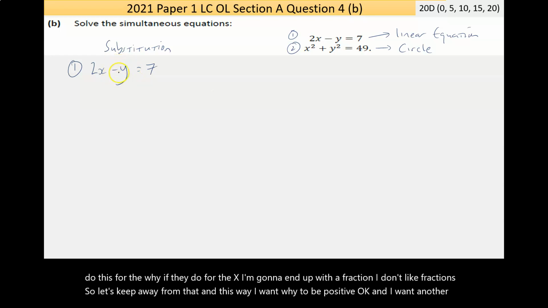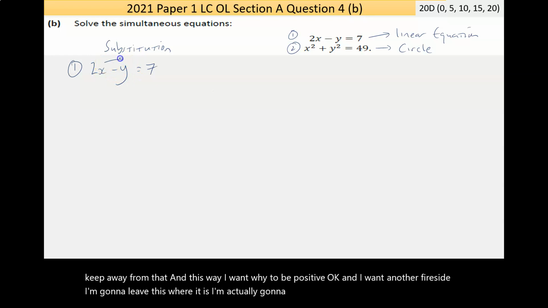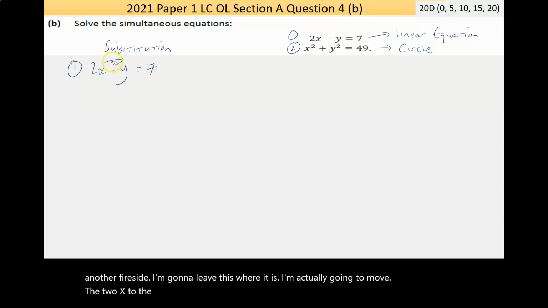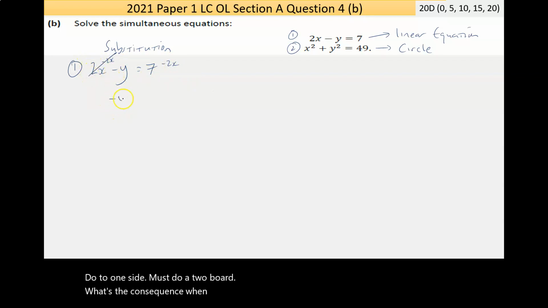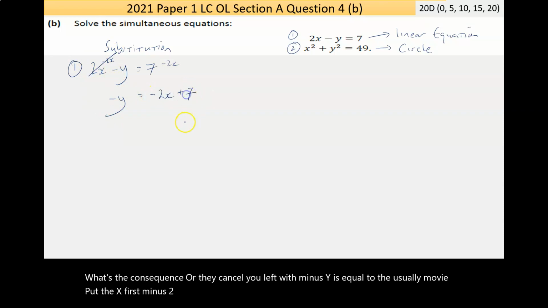I'm going to leave this where it is. I'm actually going to move the 2x to the far side. One simple way to do that would be to take 2x away from it. Do it to one side, must do it to both. What's the consequence? Well, they cancel. You're left with minus y is equal to, usually we put the x first, minus 2x plus 7.